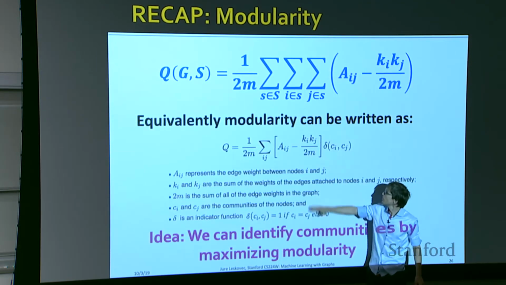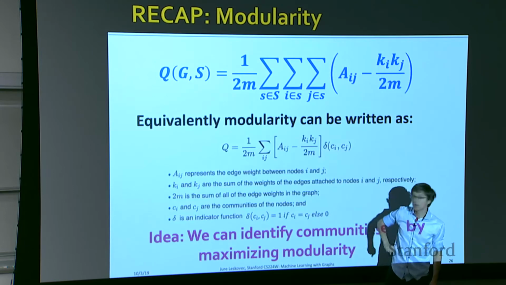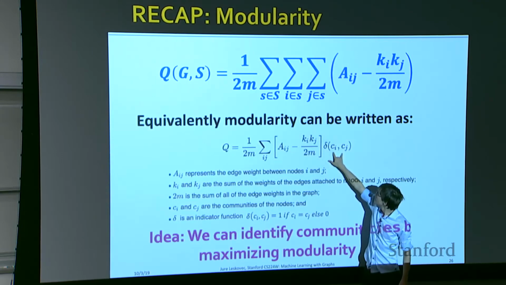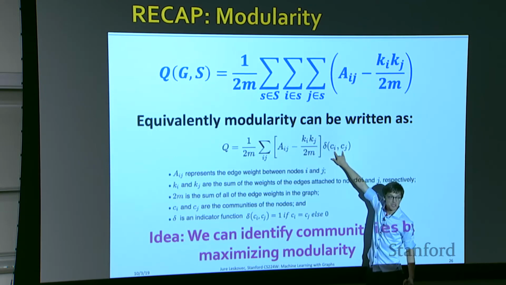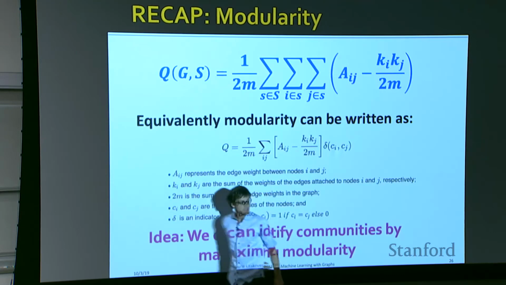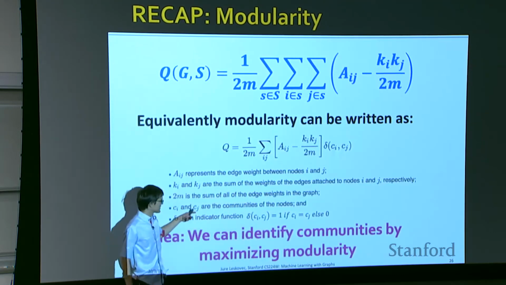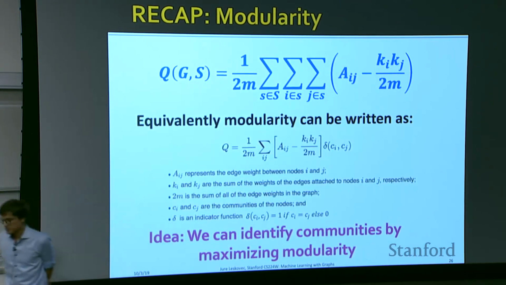So this summation is the same as up there. Here I'm just using this indicator function that tells me whether a pair of nodes is in the same group or not. These c's are variables that keep track of who is part of which community.